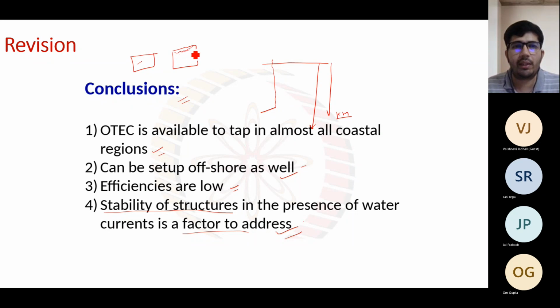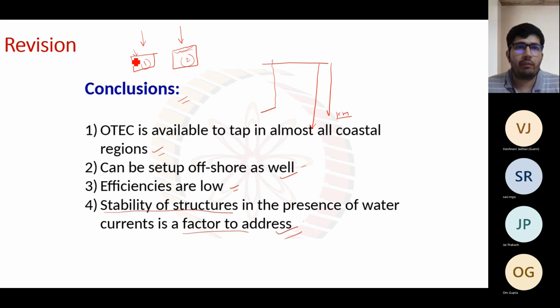Both vessels are getting solar radiation. If you compare the surface temperature of vessel number one with vessel number two, what do you think? Vessel number 1 is at high temperature.